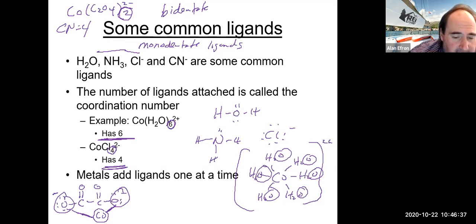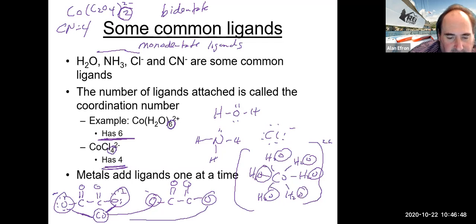So if you had two of these oxalates present, just draw it to the side here, this oxygen and this guy would be able to attach, and this oxygen here would be able to attach, and that is 1, 2, 3, and 4 for the coordination number.